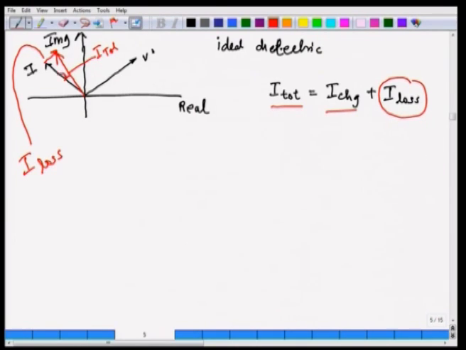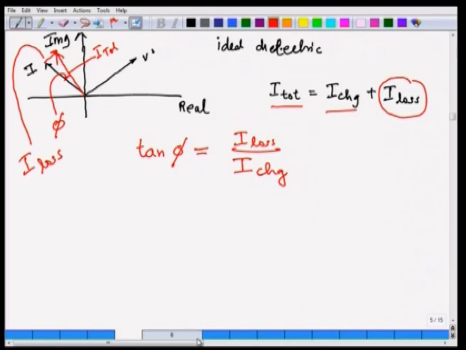Let us define this angle as phi, and this tan phi, or the loss tangent, would be I loss divided by I charging current.